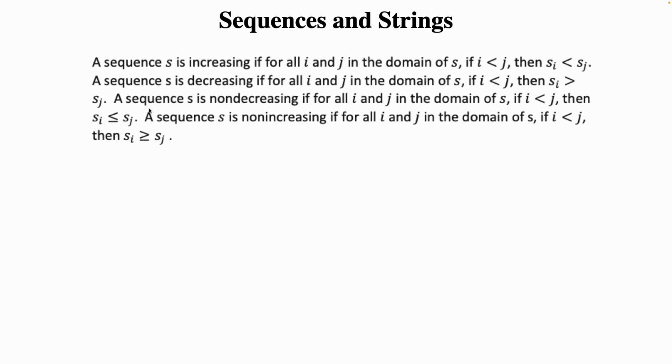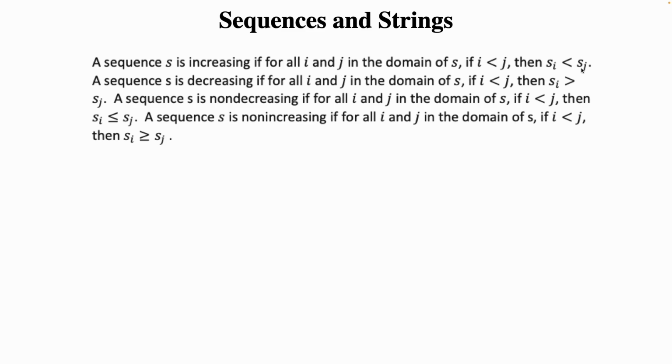Okay. A sequence is called non-decreasing if for all i and j in the domain of S, if i is less than j, then S_i is less than or equal to S_j. So non-decreasing allows for the fact that they could be equal. Some comparisons could be equal, whereas the strictly increasing does not allow for that.